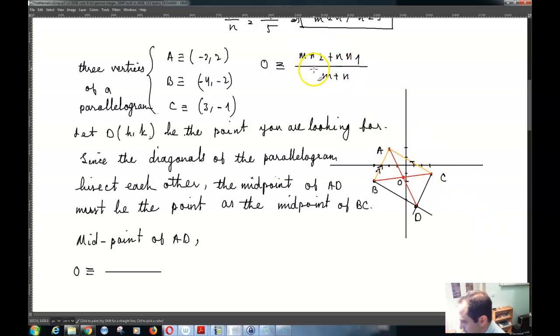Or since we are talking about the midpoint, you can simply write it as x1 plus x2 divided by 2 and y1 plus y2 divided by 2.